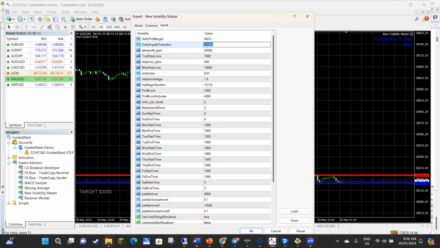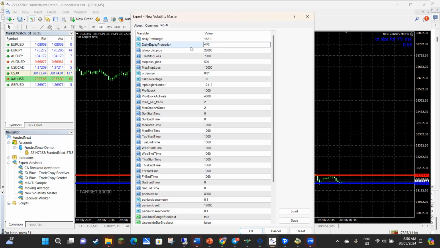So at a $6,000 account, that is $300. But by the time it closed all the trades and everything for you, you might go over by a few cents or a dollar or two. So you wouldn't want to put 300 in.